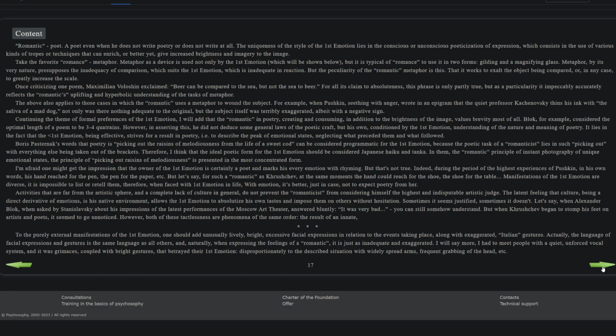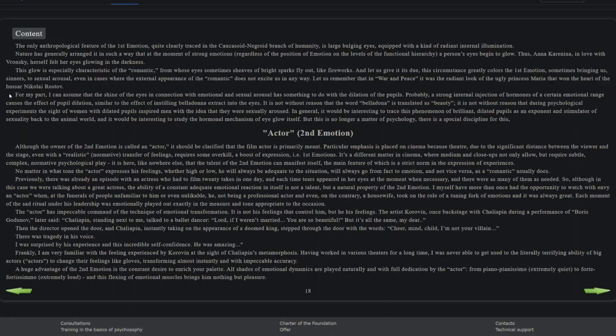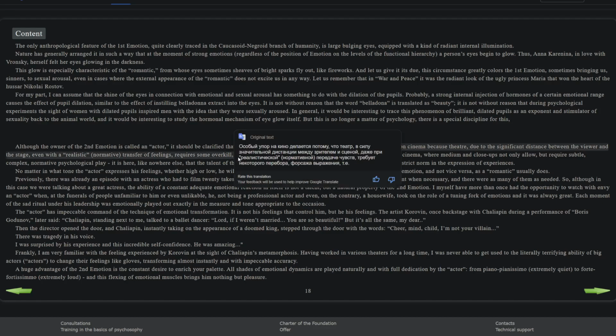So first emotion types are animated, which would make sense. The only anthropological feature of the first, okay, so this is again where he does get into a little bit of physiognomy, which I'm fine with personally, but some people might be bothered by. And I'm fine with it in theory, although the way he uses it, I think is probably just complete bullshit.